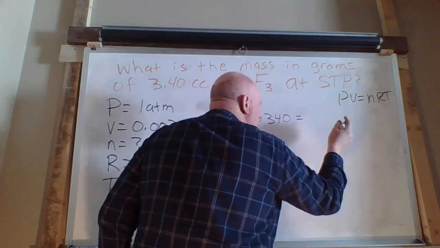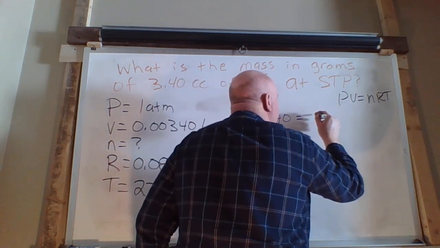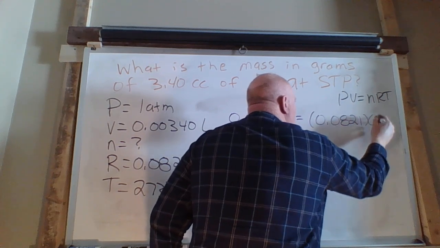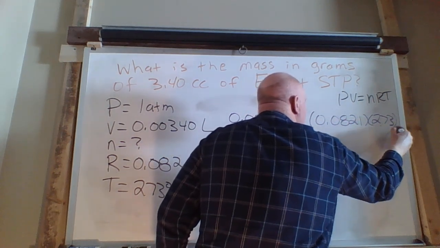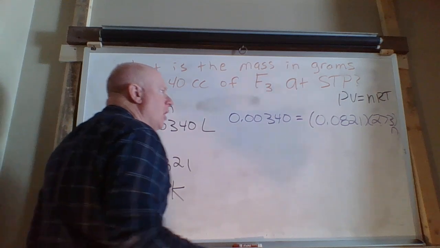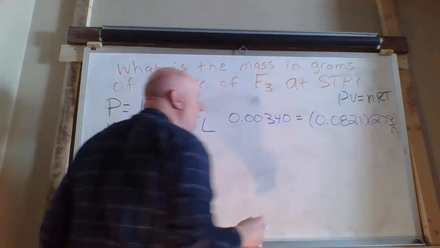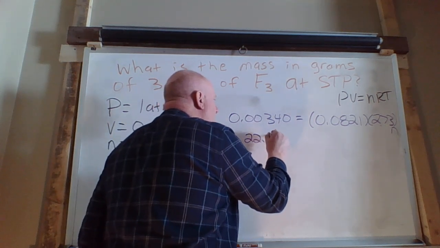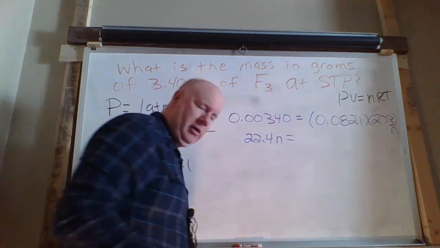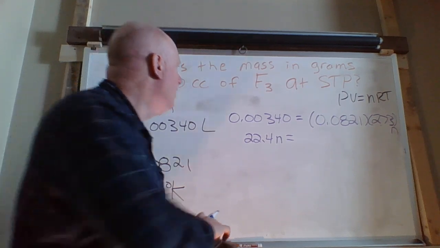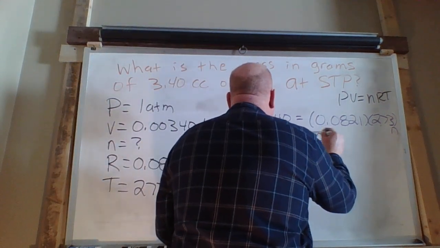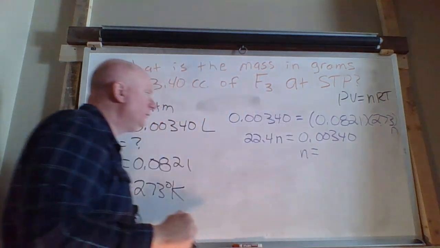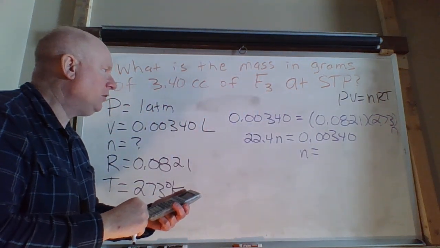And if you're more comfortable with writing these out, that's no problem. 0.0821 times 273 times N. We'd already established that's 22.4. So what we're saying is 22.4 N equals 0.00340. To get N by itself, divide each side by 22.4.